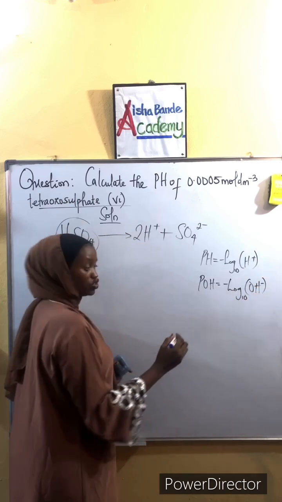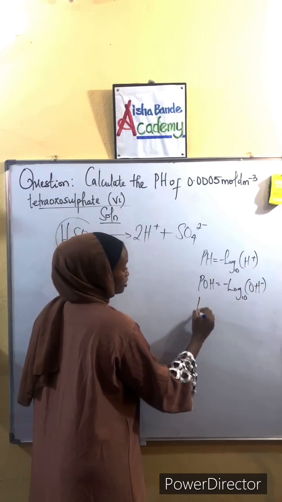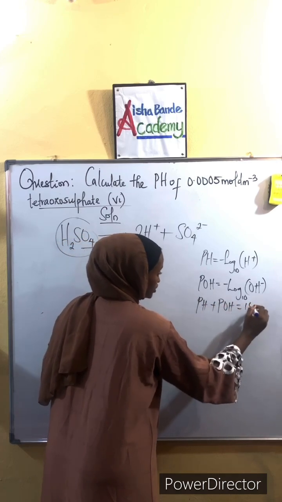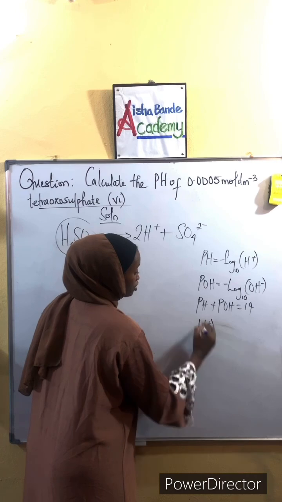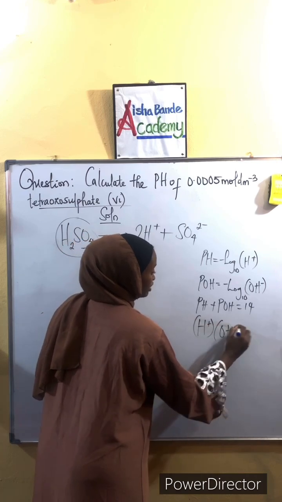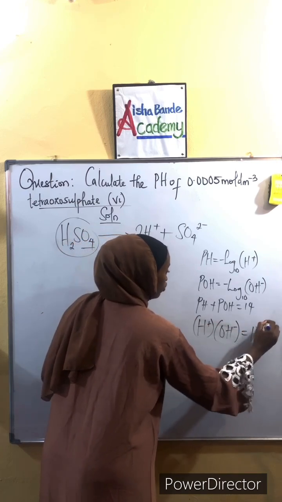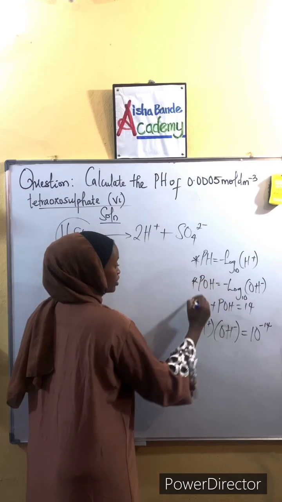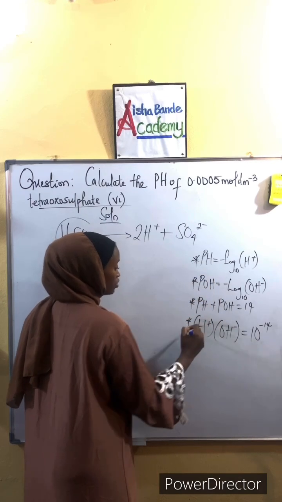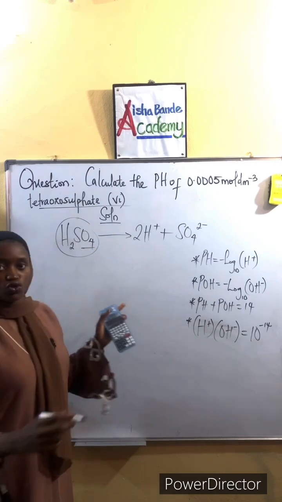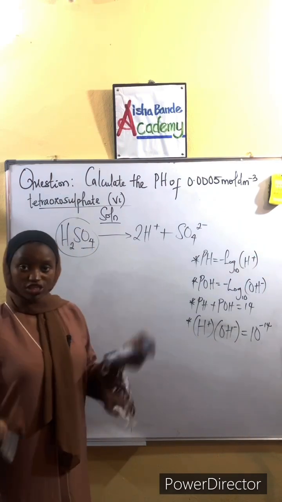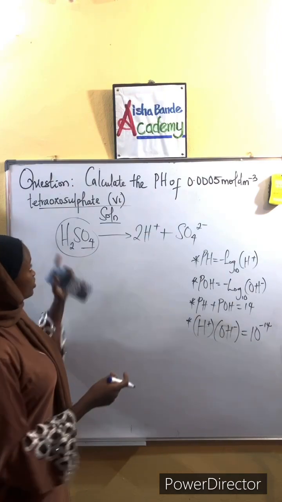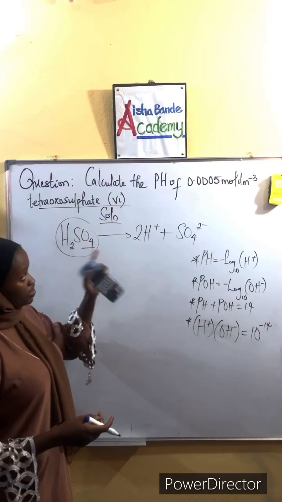Another equation says pH plus pOH is equal to 14, and H plus multiplied by OH minus gives us 10 to the power of minus 14. These four formulas will always guide us, depending on the nature of the question given. Here, the question has asked us to calculate the pH.